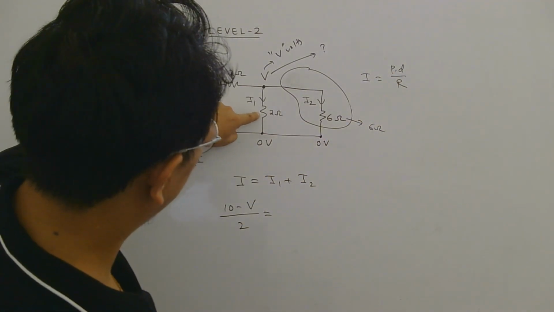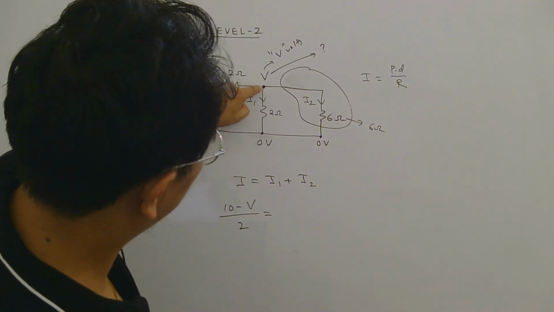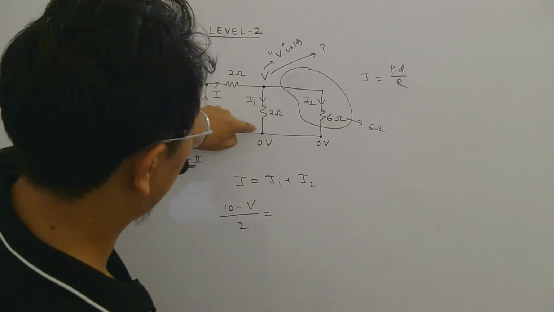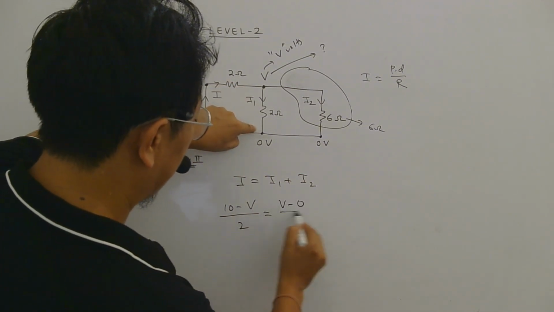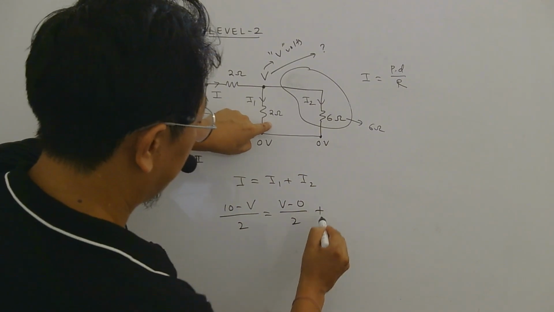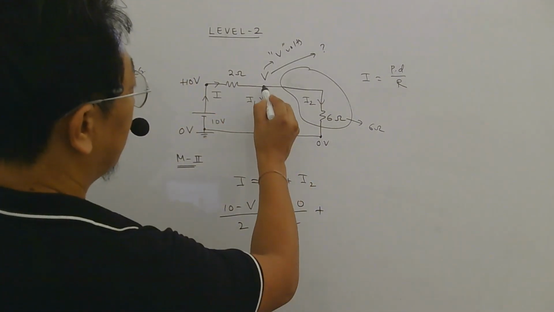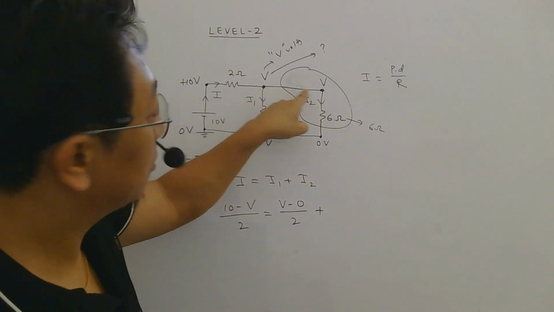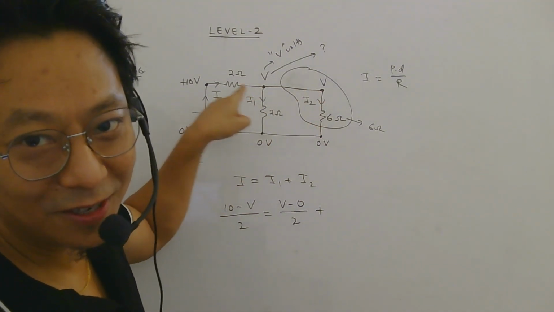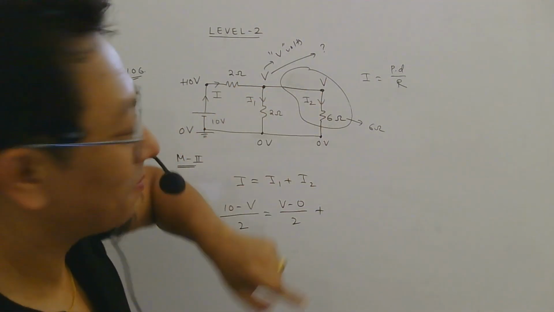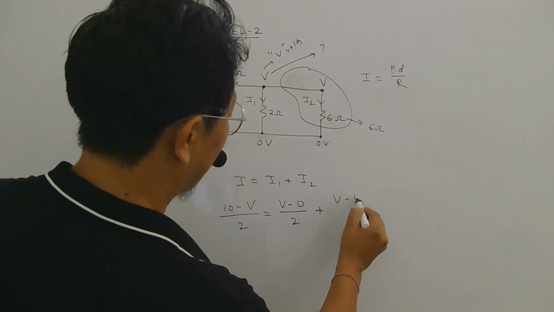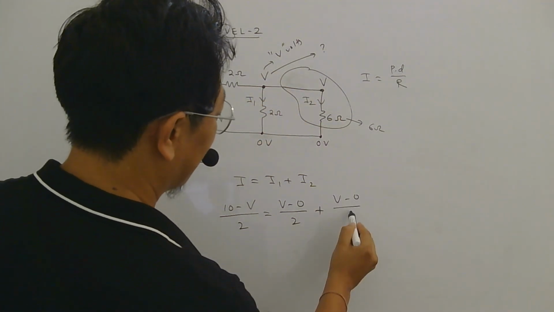So current in this 2 ohm will be the potential difference between the two ends of this resistor, which is V minus 0, divided by 2 ohm, plus here if this is V, this point is also V, because this is a zero resistance wire. So potential should be the same. So what is the potential difference here? V minus 0, resistance is 6.